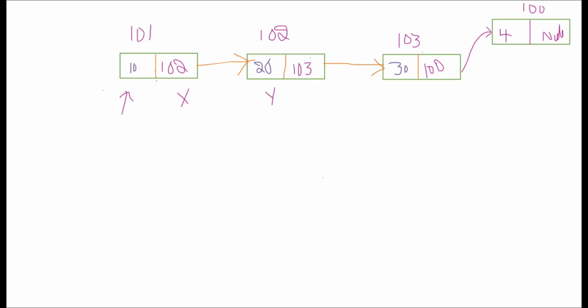I need to insert in between 20 and 10. So this I call X. This is Y. I need to create one node.